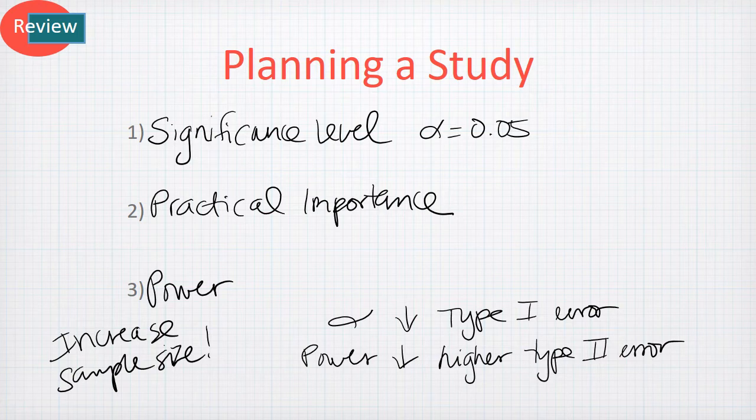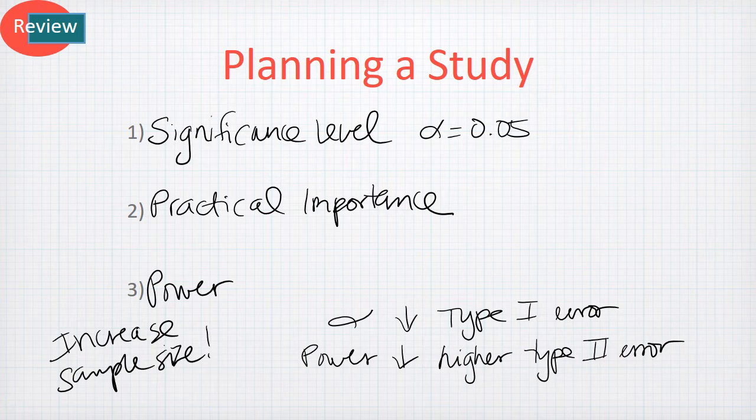Okay, so if you need a smaller significance level, like an alpha of 1% rather than 5% for some ridiculous reason, you need a larger sample size, right? If you really need a high power, like 99% instead of 90%, you need a larger sample size.